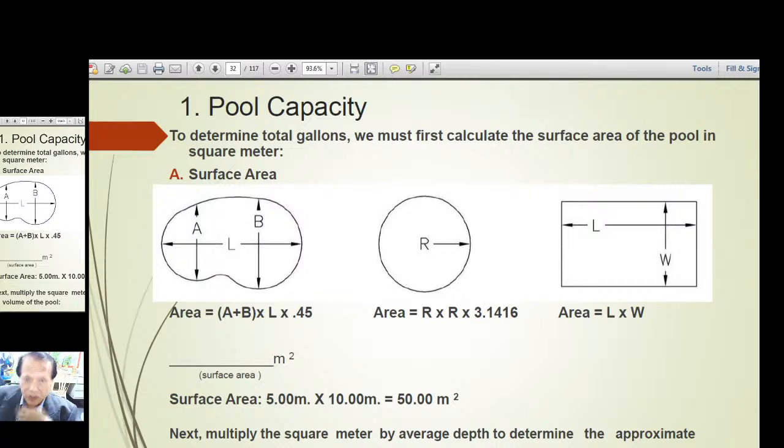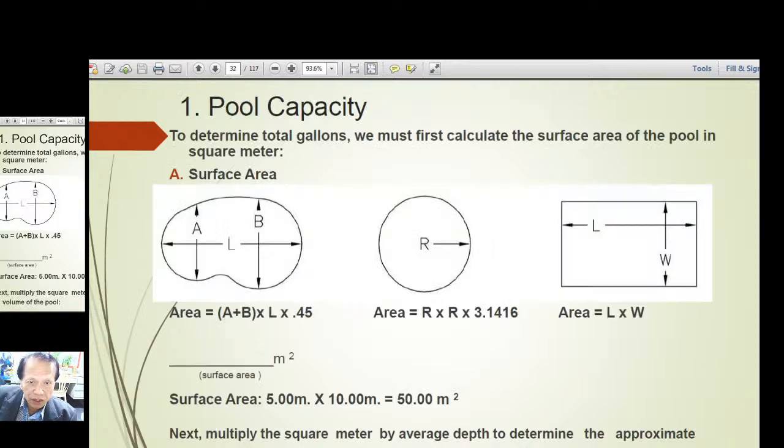For a circle, of course, it is pi r squared, or pi times diameter squared over 4. Okay, and if rectangular, of course, length times width. Okay, and then surface area is 5 by 10, so 50 square meters.